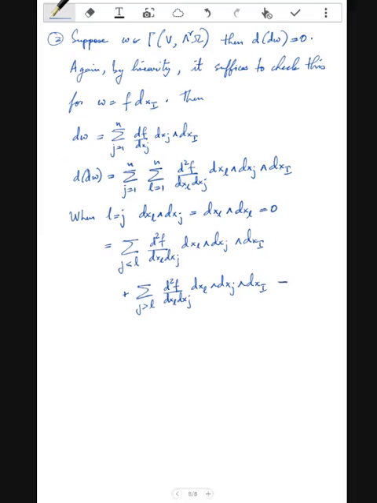Now in this term, we switch j and l, so we get summation j strictly less than l. The first term is d square f by dx_l dx_j, dx_l wedge dx_j, and the second term is plus d square f by dx_j dx_l, dx_j wedge dx_l, wedge dx_i.